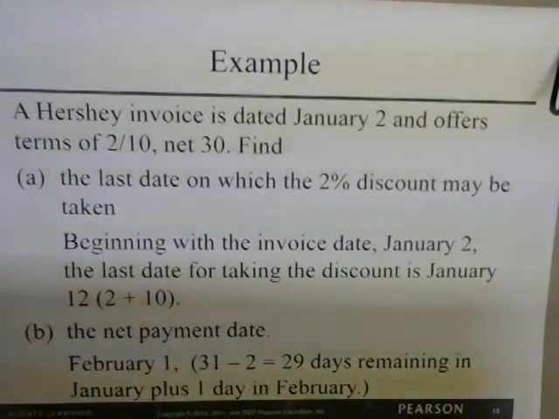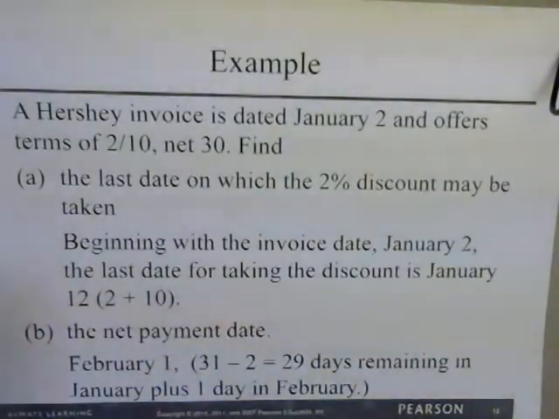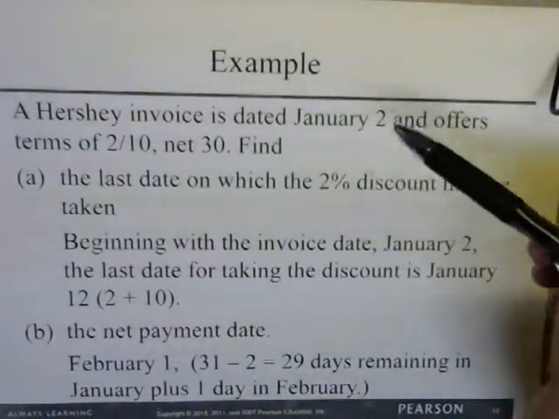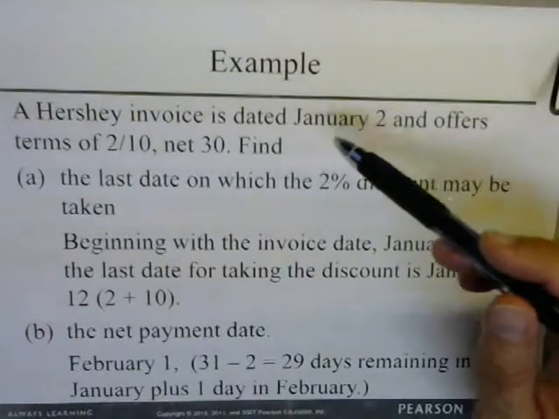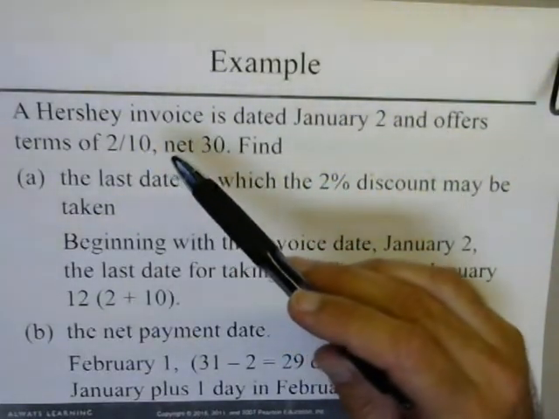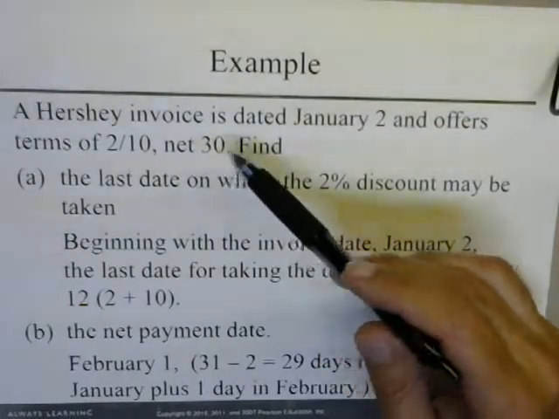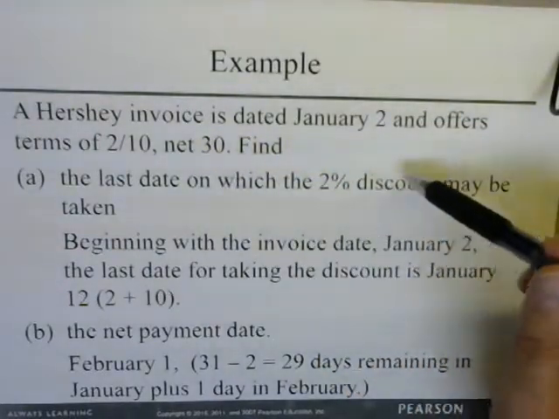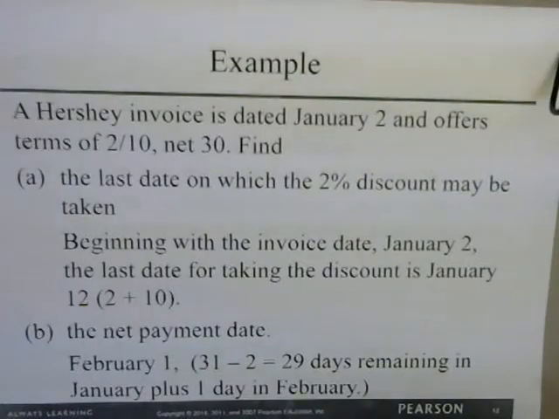If you have questions, you can always call the person who sent the invoice to you. It offers terms of 2/10, net 30, and you want to find the last date on which the 2% discount may be taken.